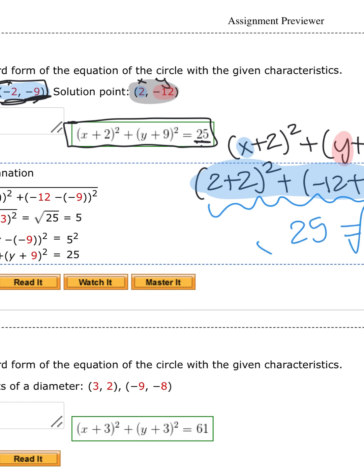Then I take the square root of both sides and I get r equals 5. And now that I have that, I'll plug that back into my equation. And so that's how we end up with this equation right here, right? Because if the radius is 5, we square it to get the value here. And then we actually already had this first part at the beginning based on the center of the circle itself.